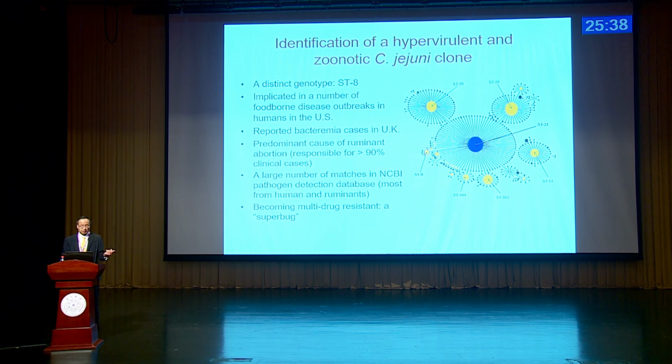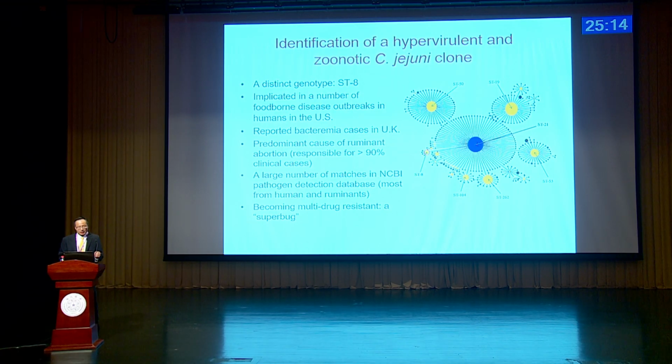They're all foodborne diseases, and it has also been reported to be responsible for bacteremia in the UK. On the animal side, we found this clone has become the predominant cause of sheep abortion. More than 90% of sheep abortion is due to this special clone.